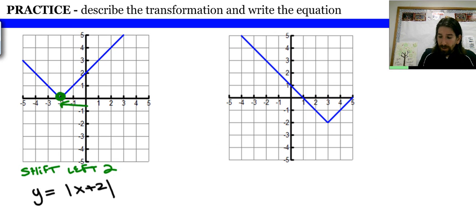Come over here. Where's my vertex? So my vertex was at -2, 0. This vertex is at 3, -2. So what happened? It got shifted to the right 3. Well, how do I go to the right 3?